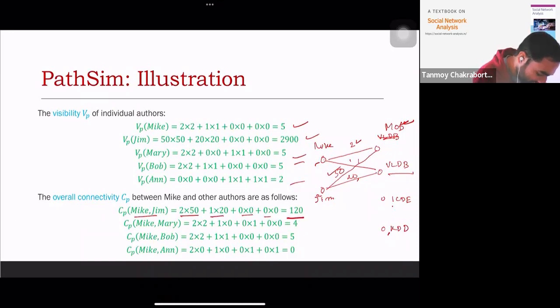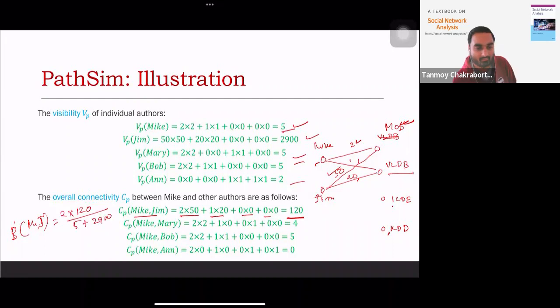Now, if you measure the PathSim similarity between Mike and Jim, the value would be 120 by 5 plus 2900, with the 2 in the numerator. Why in the numerator is this 2? Any idea why?